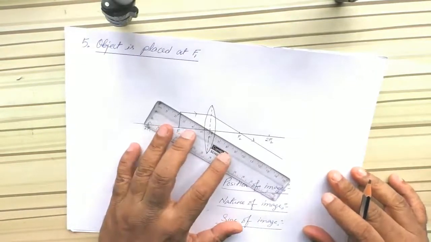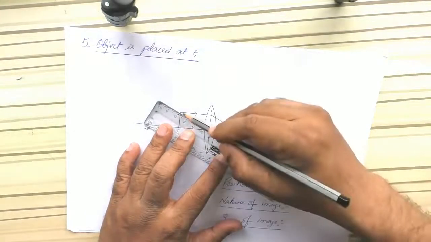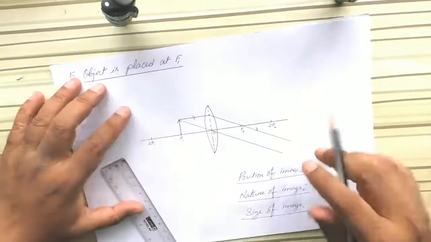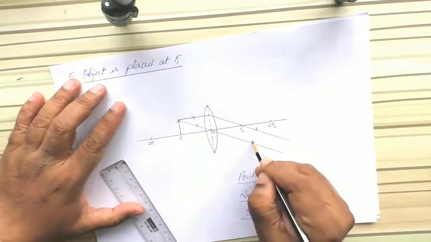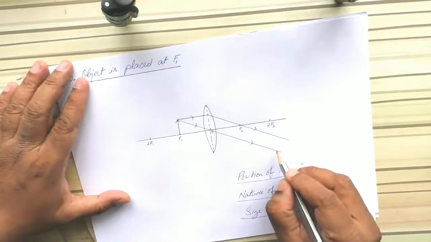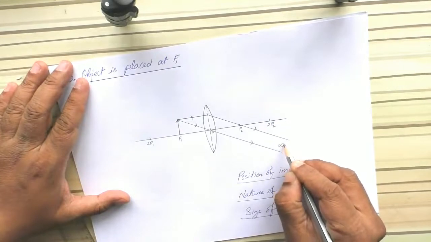and another light ray, if we allow it to pass through optical center, passes straight without any deviation. So the refracted light rays appear parallel to each other. They are supposed to meet at infinity.